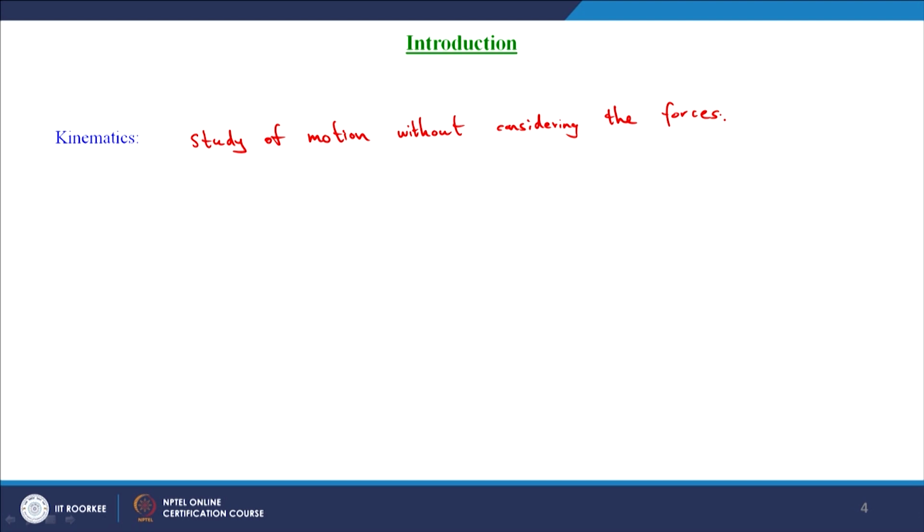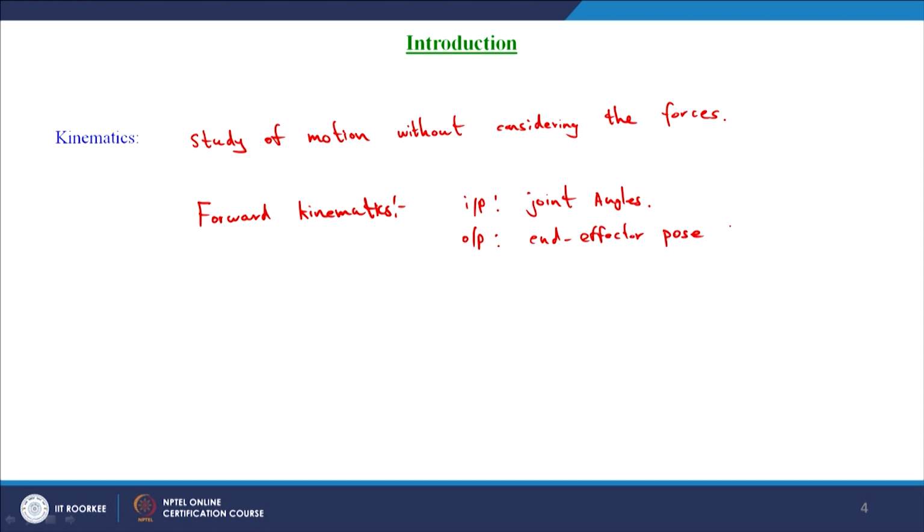Robot kinematics can be classified into forward kinematics, where the input is joint angles, whereas the output is end effector pose, which is nothing but position and orientation.